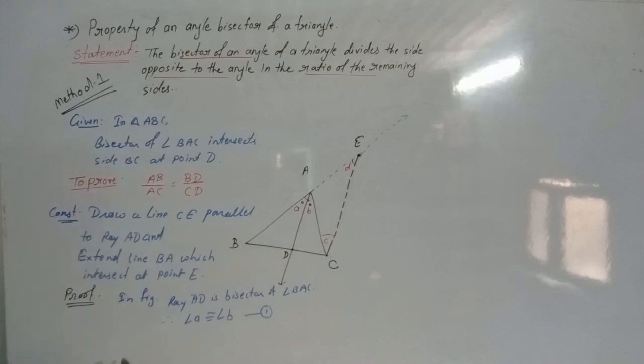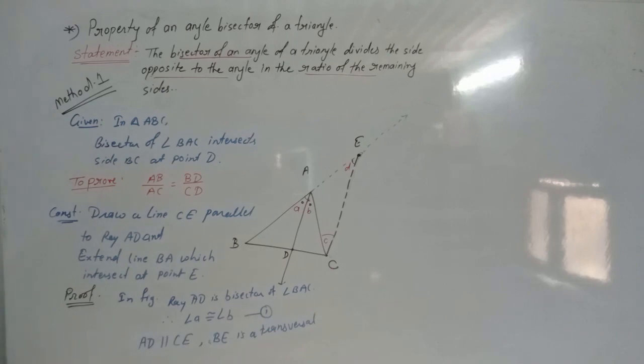Now, line or ray AD is parallel to CE and BE is a transversal.